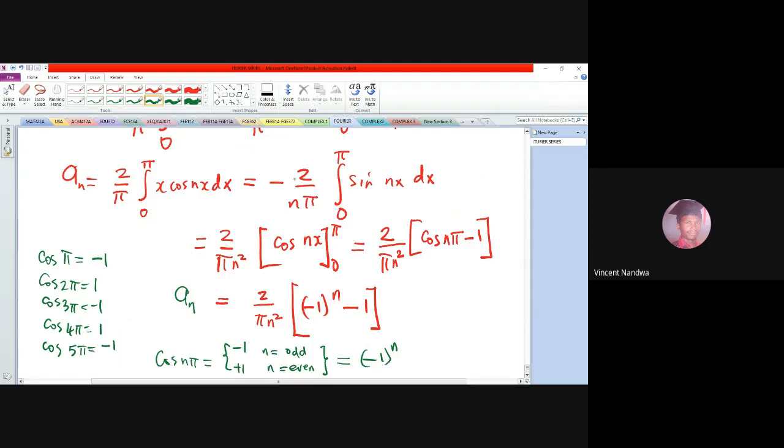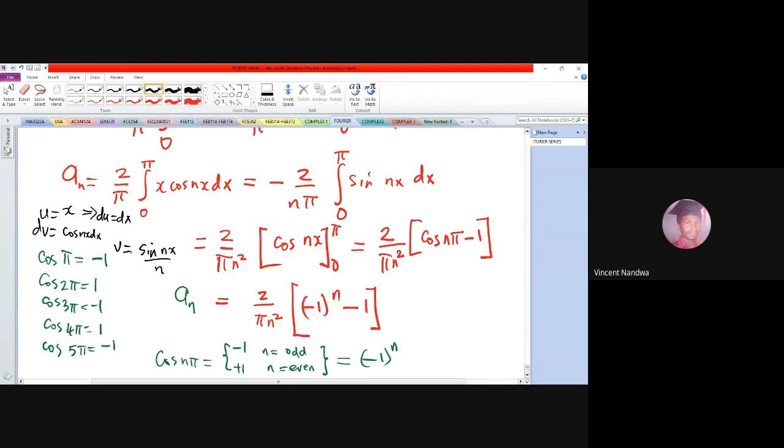Remember the reason why we are not writing this other part here. This was integration by parts, so that u is taken to be x, which means du is dx, and dv is given by cos nx dx. When you integrate this one, you get v equals sine nx over n.